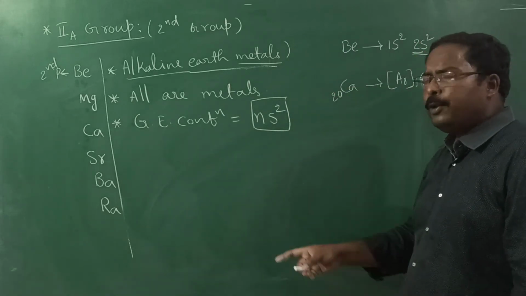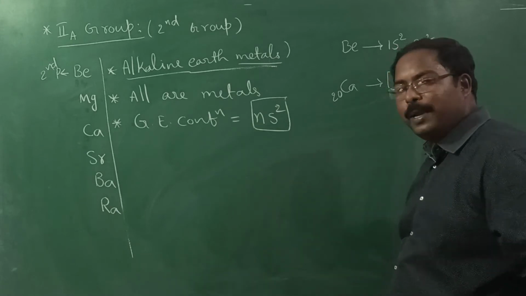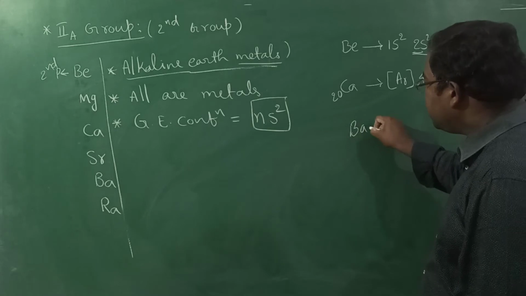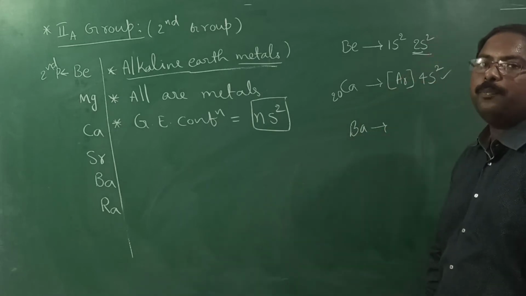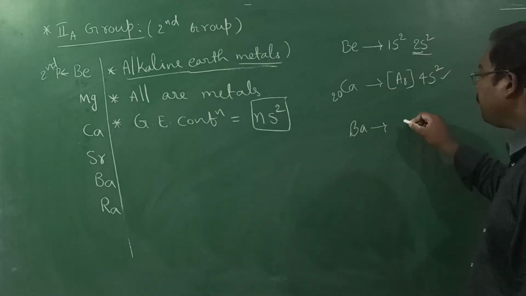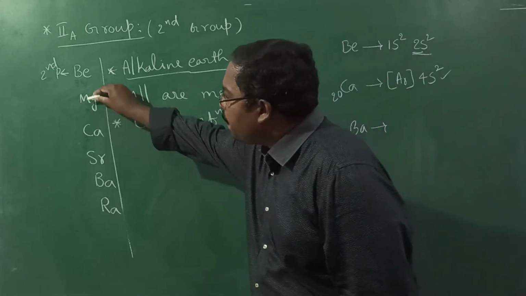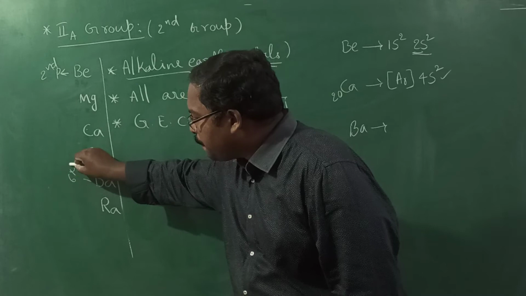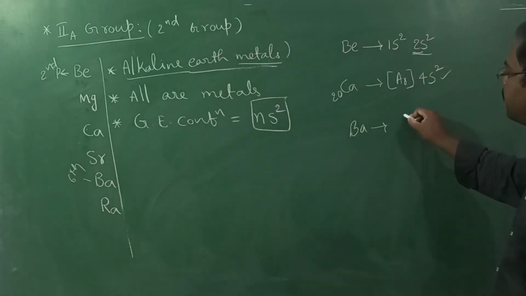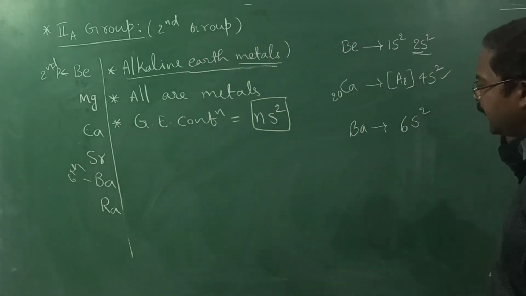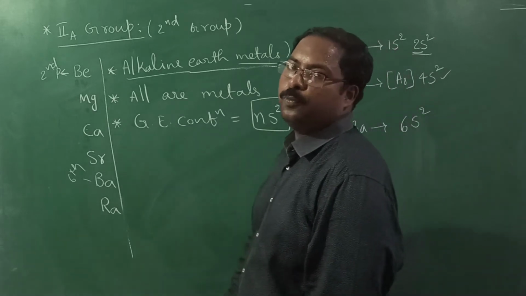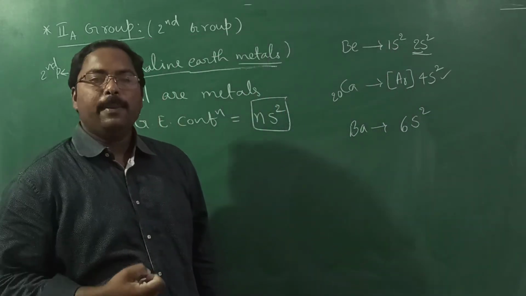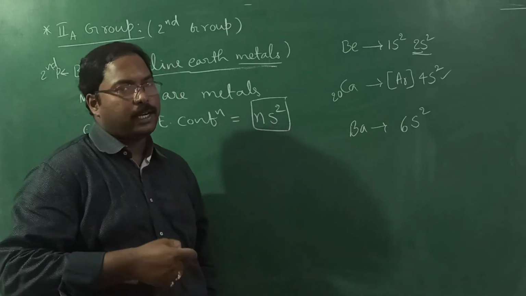You don't know the atomic number of barium, but still, if I ask you the valency shell configuration of barium, simply you can say third, fourth, fifth. It belongs to the sixth period. So its valency shell electronic configuration will be 6s2. That is why we should know the elements in at least these 8 groups.